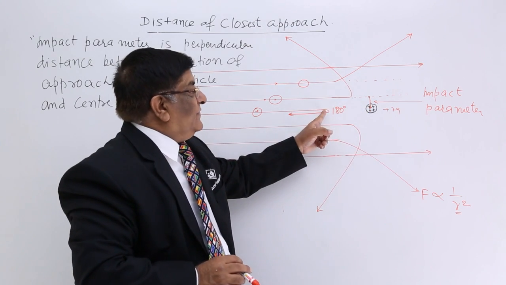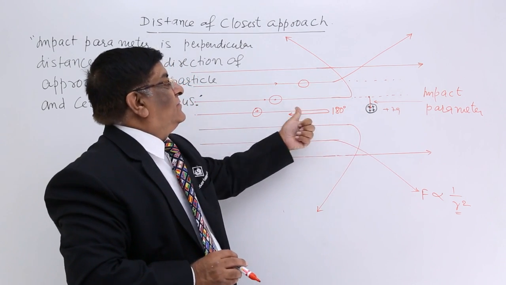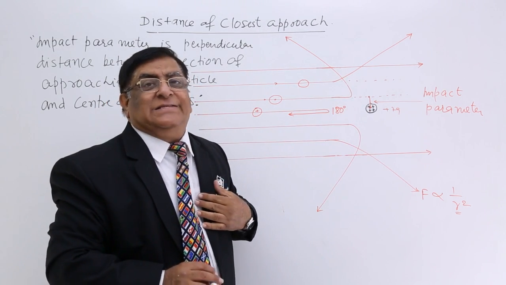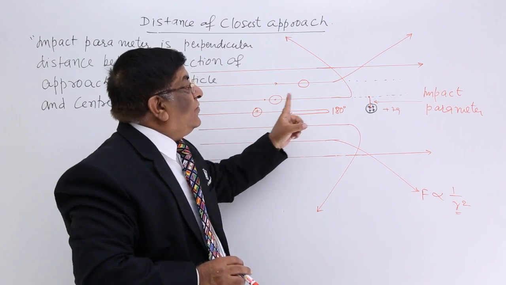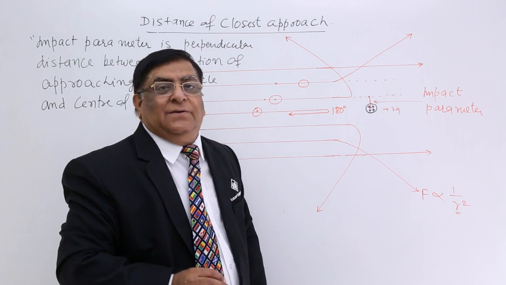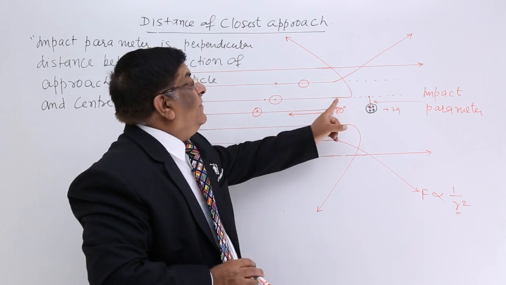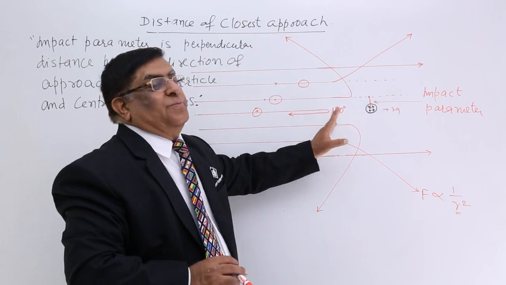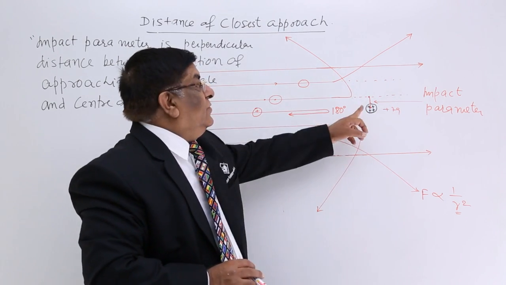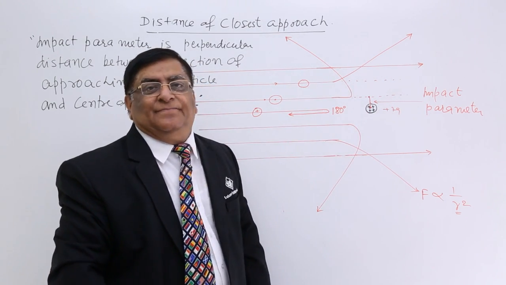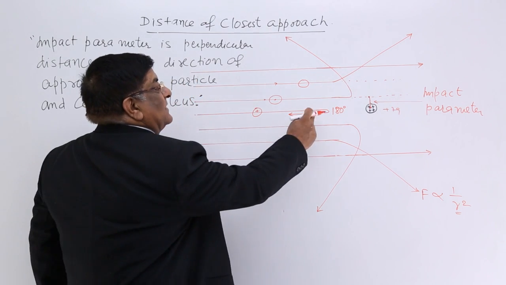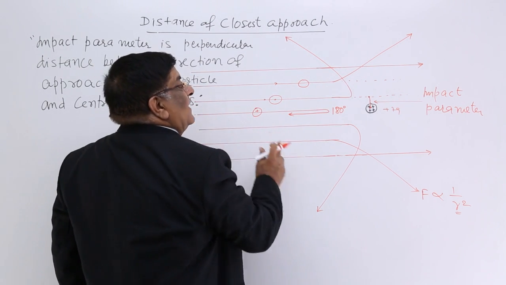Still this force is acting, and because of that force it returned back. As simple as that. It need not come here and strike, because even before coming, its velocity has become 0 due to this force of repulsion. Now it has returned from this place and gone.